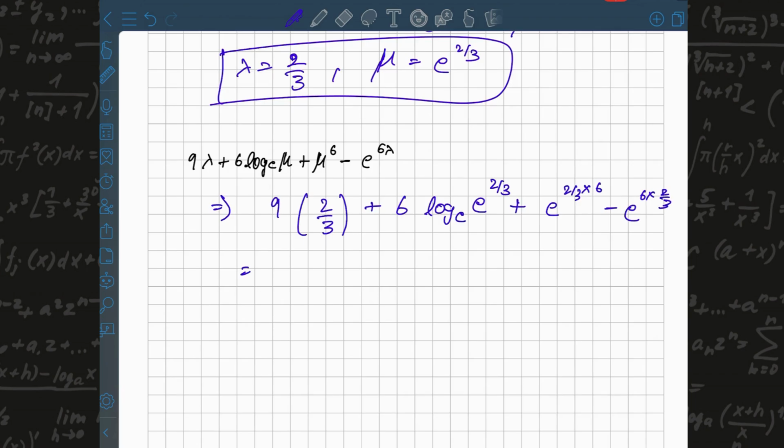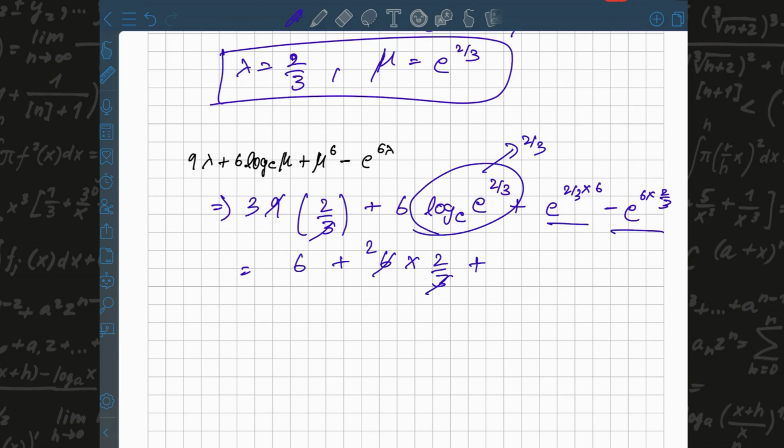So now let's simplify this 3 times. So it is 6 plus 6 into 2 by 3. This is nothing but 2 by 3, right? Plus, and then it goes, and it is 4. Okay, and then this and this are technically the same, so it's getting cancelled and becoming 0, right?